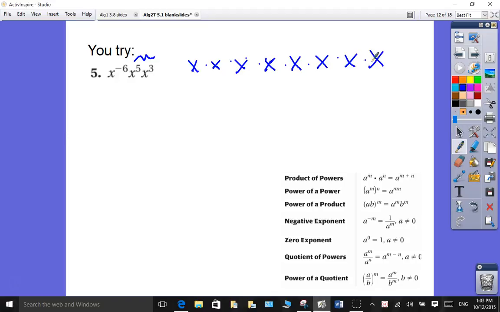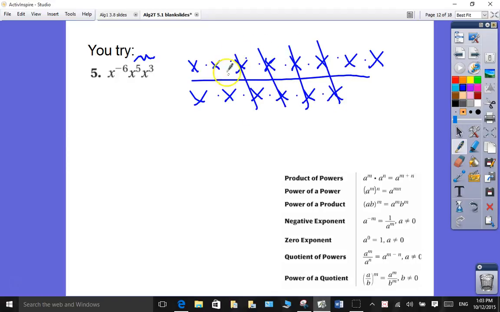But what do you do with an x to the negative 6? That just means you're dividing by x times itself 6 times. X once, twice, 3 times, 4 times, 5 times, 6 times. And so now cancel, cancel, cancel, cancel, cancel, cancel, and your answer is x squared.